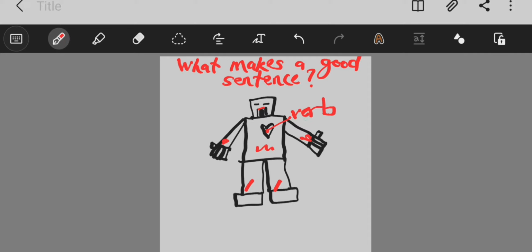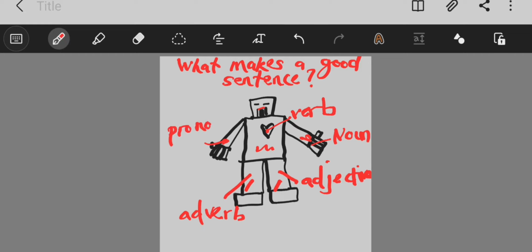Another part that makes a good sentence is the noun, the adjective, maybe the leg here, the adverb, the pronoun, and maybe some object.